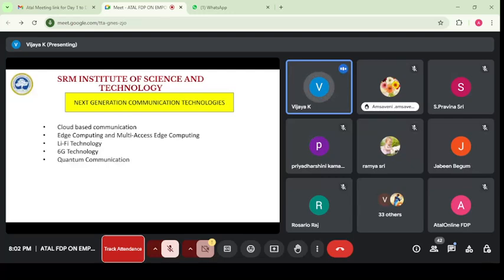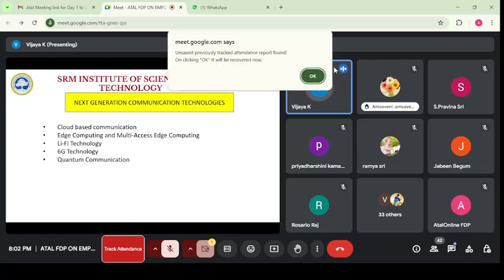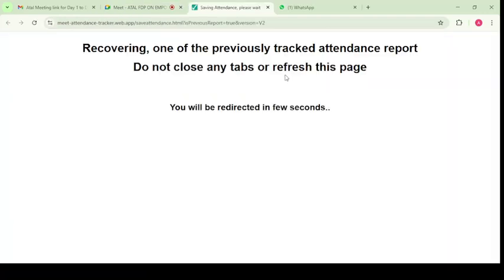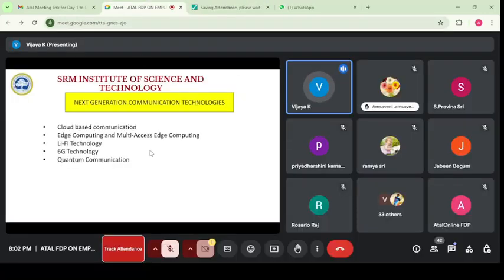With that said, AI in communication networks is coming into existence. So these are some of the communication technologies in the field of computing.